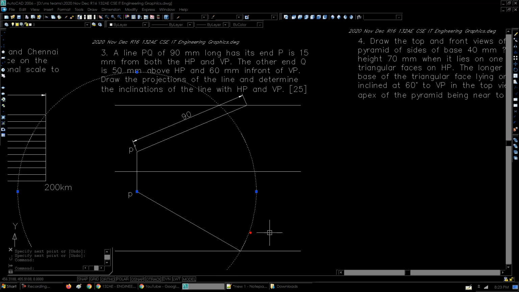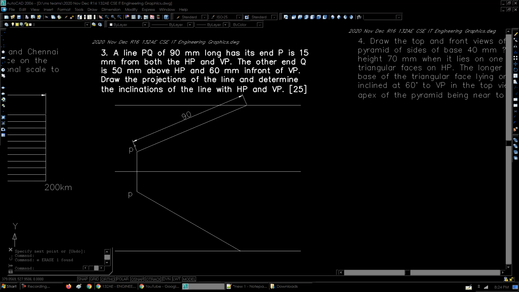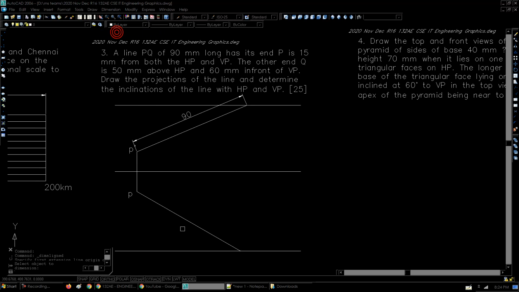Because the work of this circle is over, I'll just erase it. Once again, let us see what is the length of this line. Yes, of course, it is 90. So both these lengths are true lengths. Now what is the end of this true length called? The name that is supposed to be given to this end is Q dash, but this is not the final point.